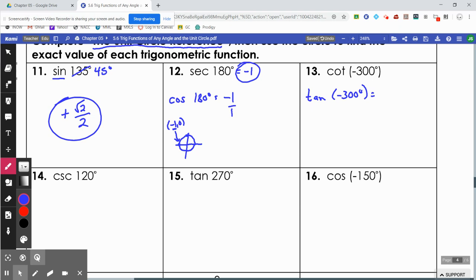So negative 300 is actually the exact same thing as the tangent of 60 degrees. And we know the tangent of 60, that's one of our common angles that we found. The tangent of 60 is going to be root 3. And since it's in the first quadrant, it's also positive. However, the cotangent of that will be the reciprocal, which is 1 over root 3. When you rationalize that, you get root 3 over 3.